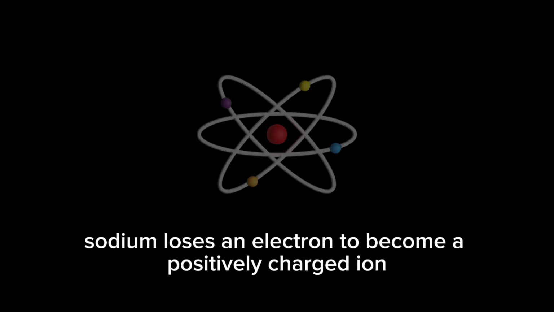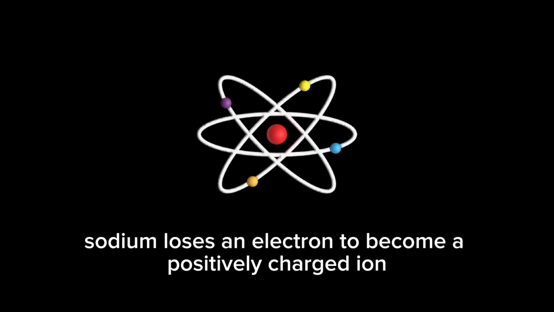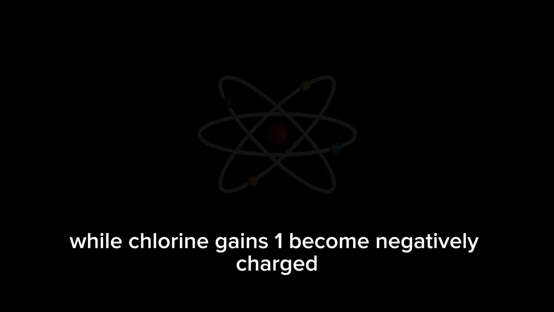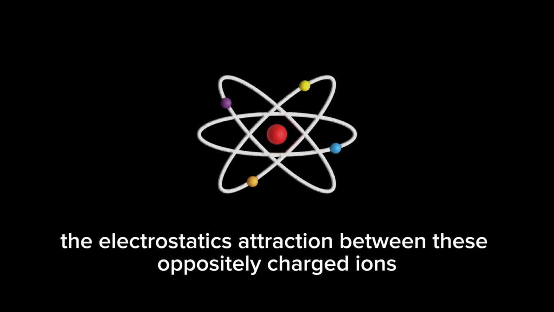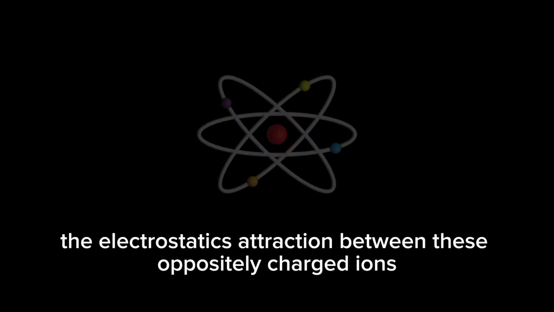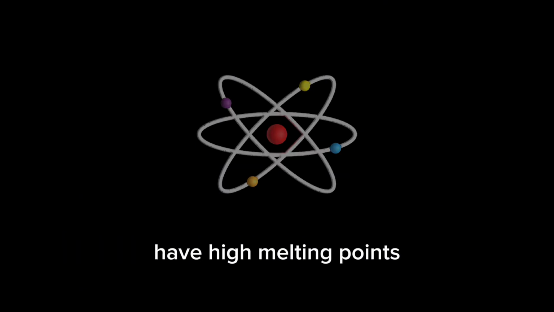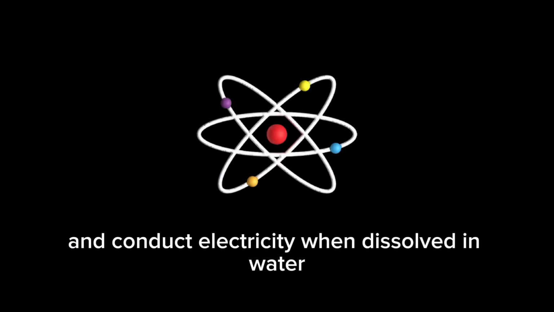Sodium loses an electron to become a positively charged cation, while chlorine gains one, becoming negatively charged. The electrostatic attraction between these oppositely charged ions holds the compound together. Ionic compounds generally form crystalline solids, have high melting points, and conduct electricity when dissolved in water.